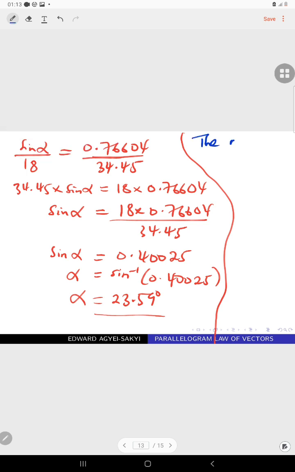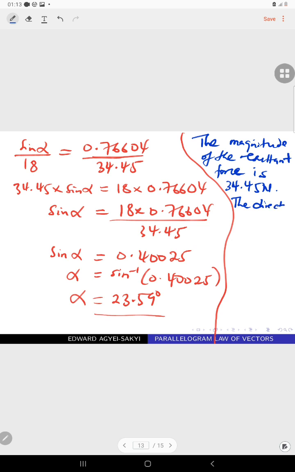The magnitude of the resultant force is 34.45 newtons.